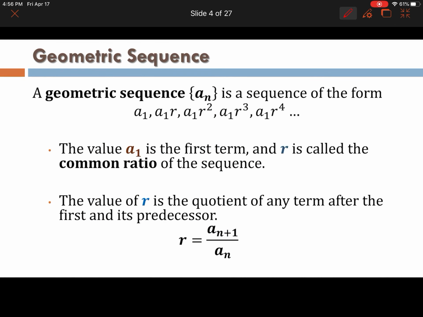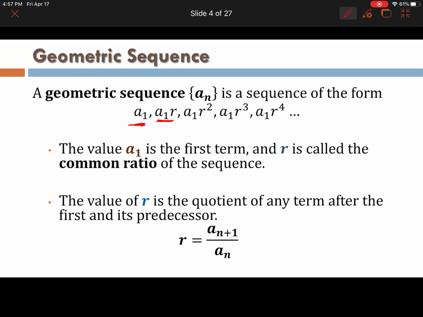So a geometric sequence can be thought of as this sequence of terms that are exponential terms, right? So we have a sub 1, there's our first term, and then we multiply a sub 1 by r, whatever that r is, to get our second term.